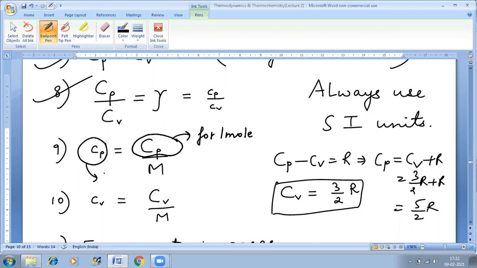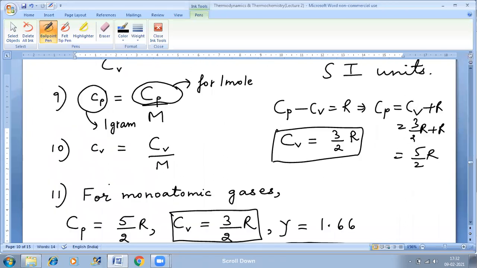So specific heat capacity is for 1 gram, molar heat capacity is for 1 mole. Same holds true for this. Again, this is for 1 gram, and this is for 1 mole.